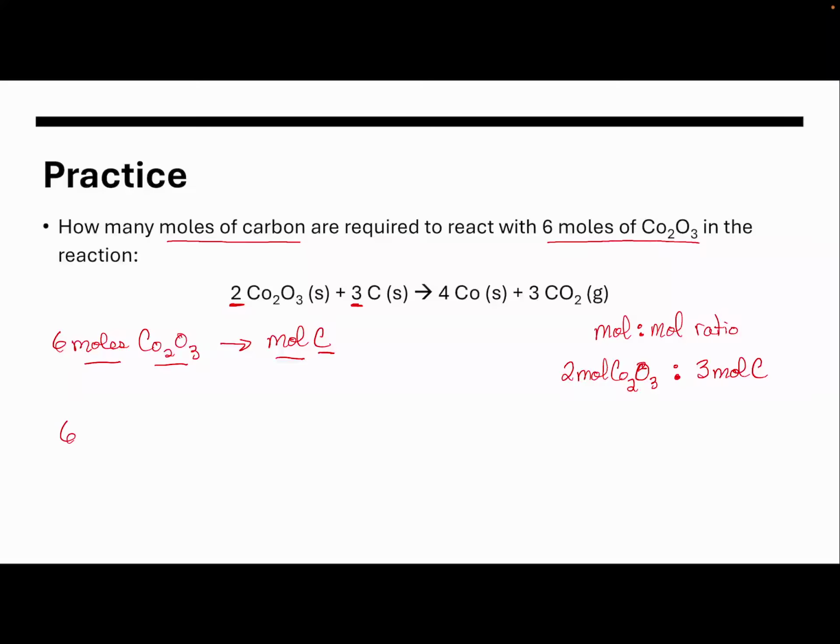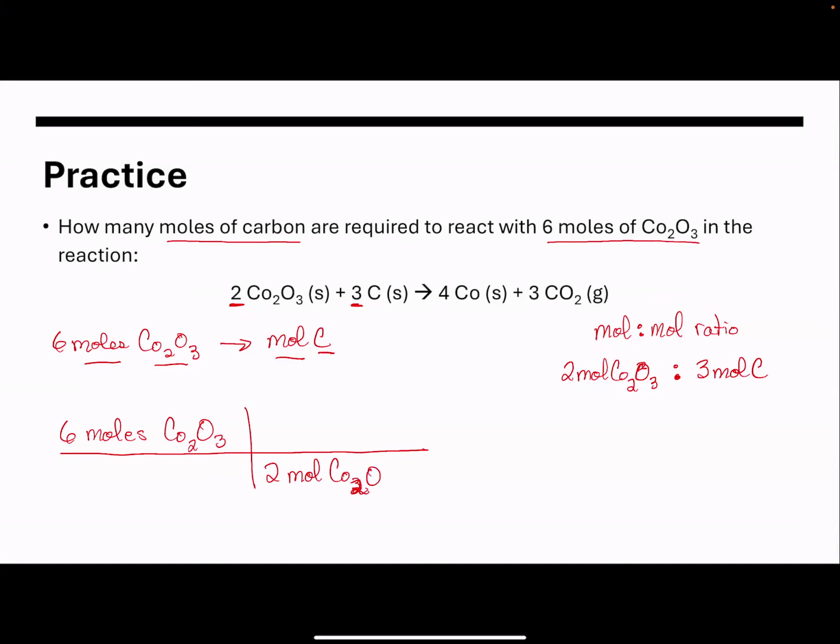Now, to set up the calculation, I have 6 moles of cobalt-3 oxide. Of my mole-to-mole ratio, the cobalt-3 oxide is going to go in the denominator, with the moles of carbon in the numerator.